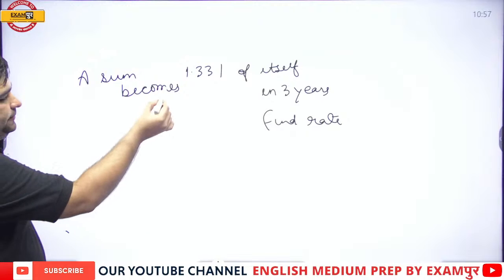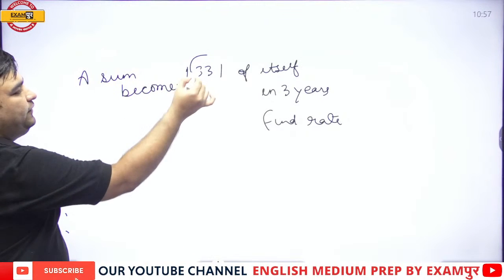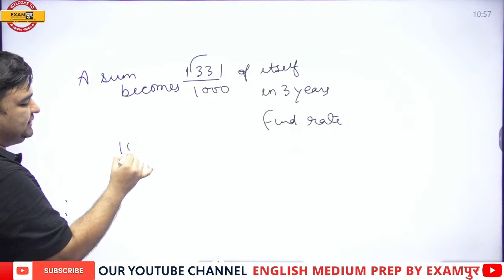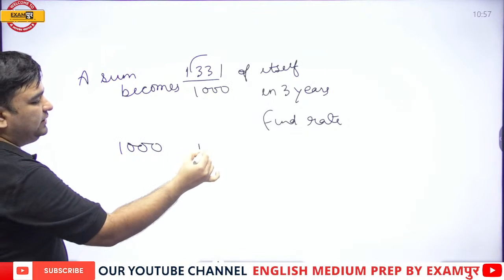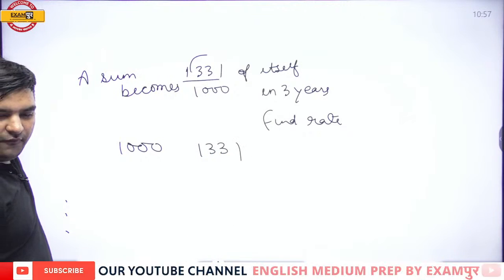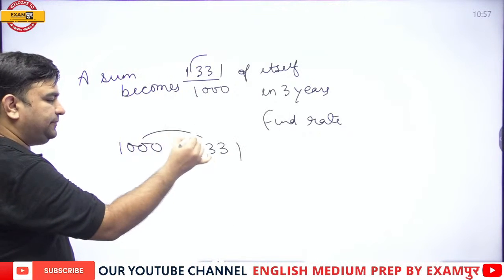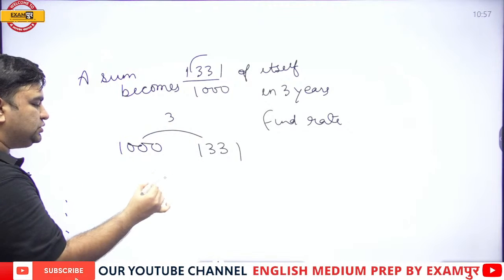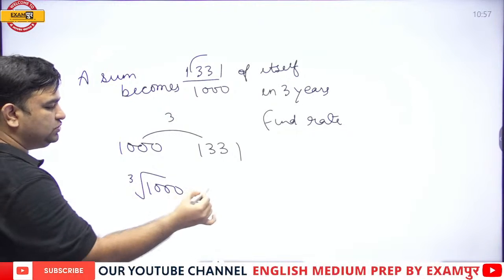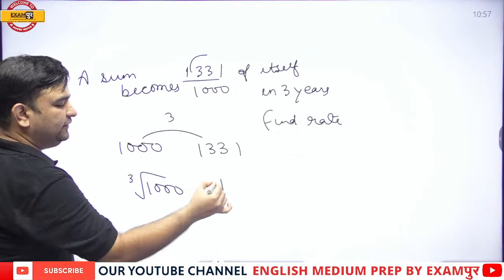You will say, sir, if I make it a decimal, it's divided by 1000. So basically 1000 is becoming 1331 in 3 years. So in 1 year, cube root of 1000 will become cube root of 1331.